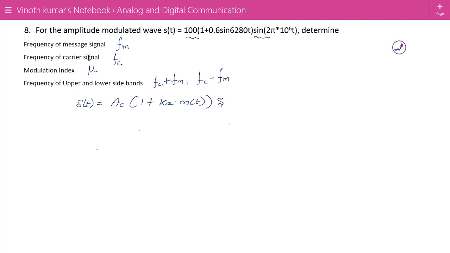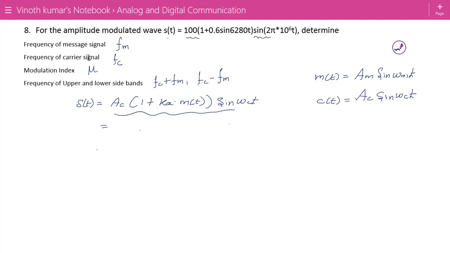So the expression of an amplitude modulated wave can be written as AC into 1 plus Ka m of t into sine omega c t. Here sine is written because the expression is given as a sine wave, and the message signal is assumed as Am sine omega m t, and the carrier signal is c of t equals AC sine omega c t.